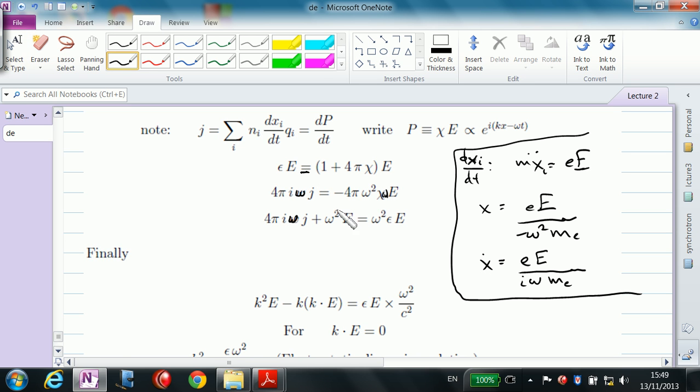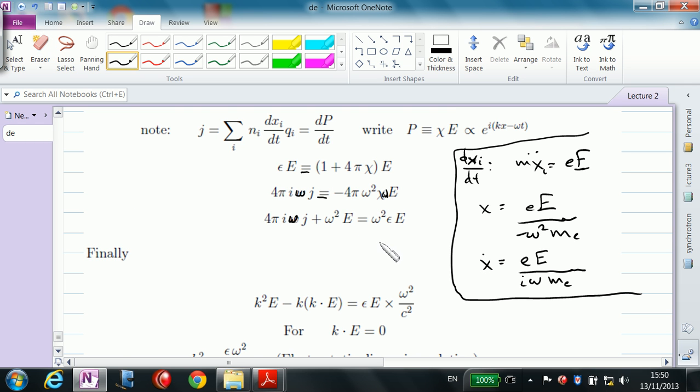All right, let's say this is a definition, and this defines chi. Which means chi is just a tensor that connects J and E. You can write J is equal to omega chi E. I don't have to write anything.